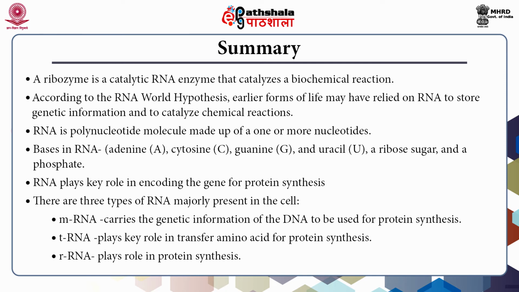RNA plays a key role in encoding the gene for protein synthesis. The difference between DNA and RNA is that whereas DNA is double stranded, the RNA is single stranded. DNA has thymine, while RNA has uracil as nitrogenous base.